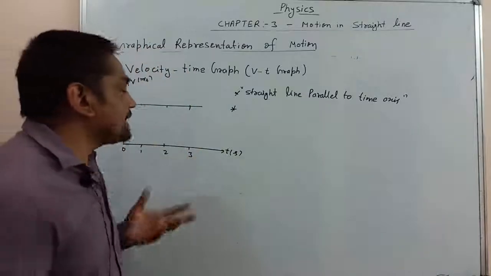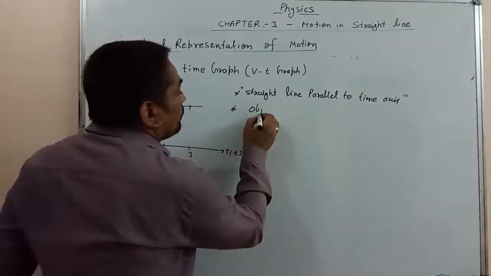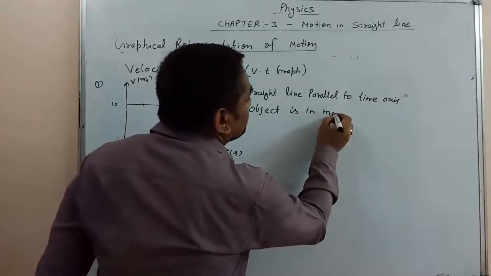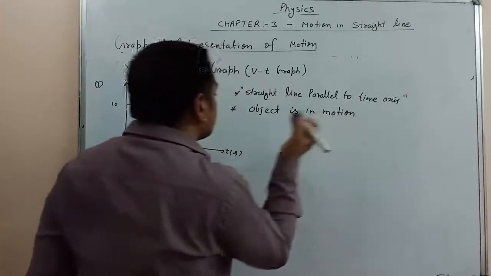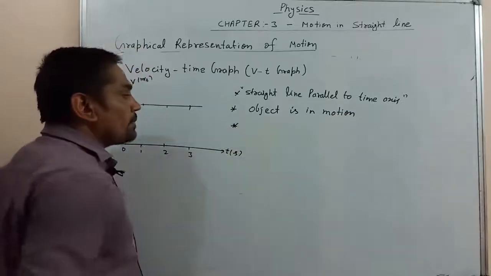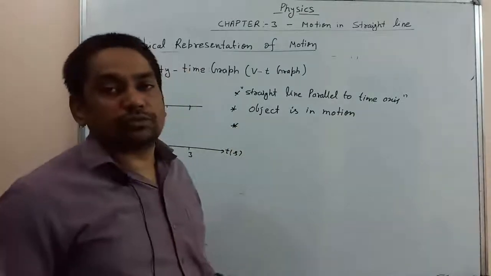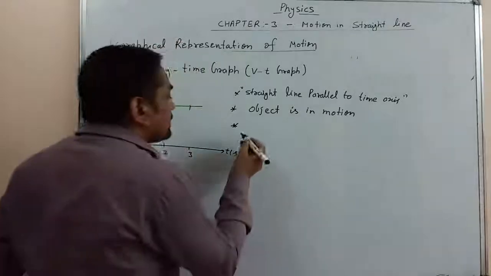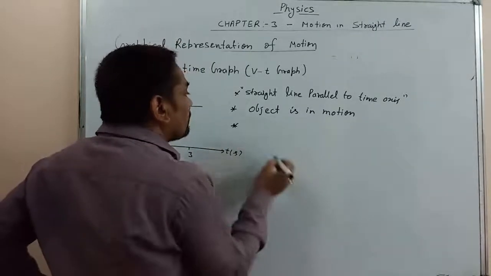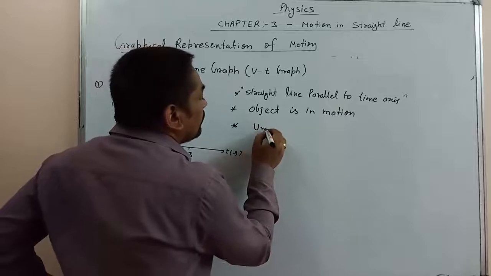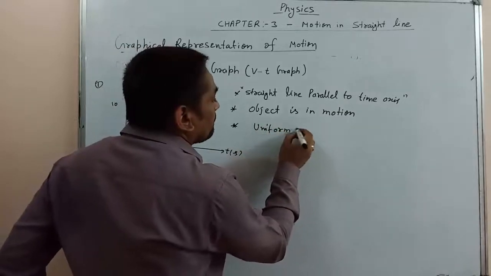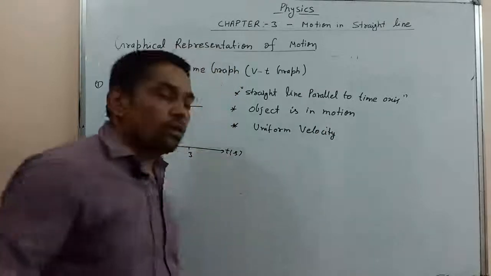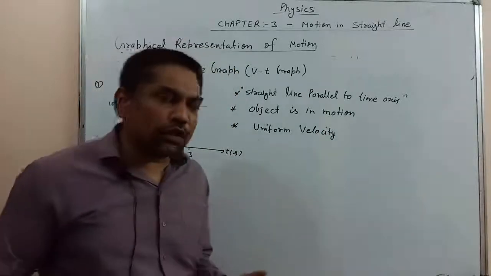So we can say that the object is in motion. And which kind of motion? If the object is moving, then which type of motion is there? The object is moving with uniform velocity. Why uniform velocity?